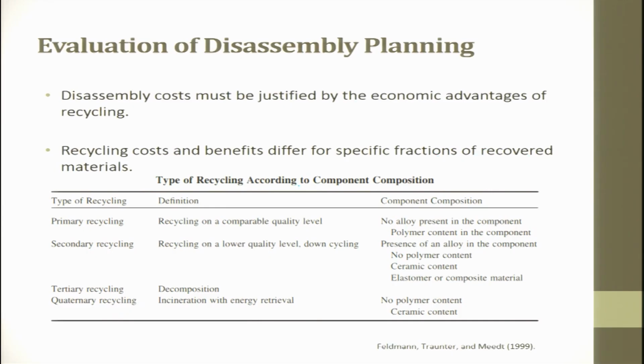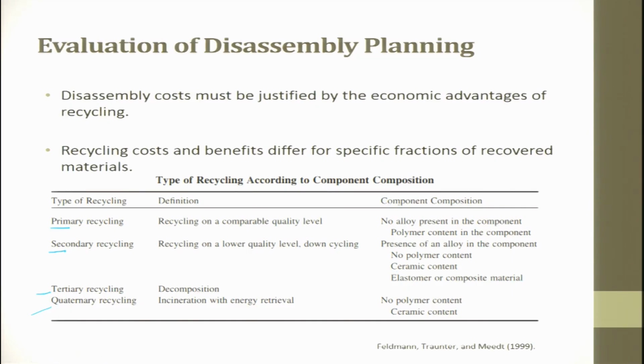So, type of recycling according to the component composition: we have primary recycling, secondary recycling, tertiary recycling and quaternary recycling. Primary recycling is defined as recycling on a comparable quality level; no alloy is present in the component, and polymer content in the component is taken care of. Secondary recycling is recycling on a lower quality level, downcycling: presence of an alloy in the component, no polymer content, ceramic content, elastomers and composite materials.